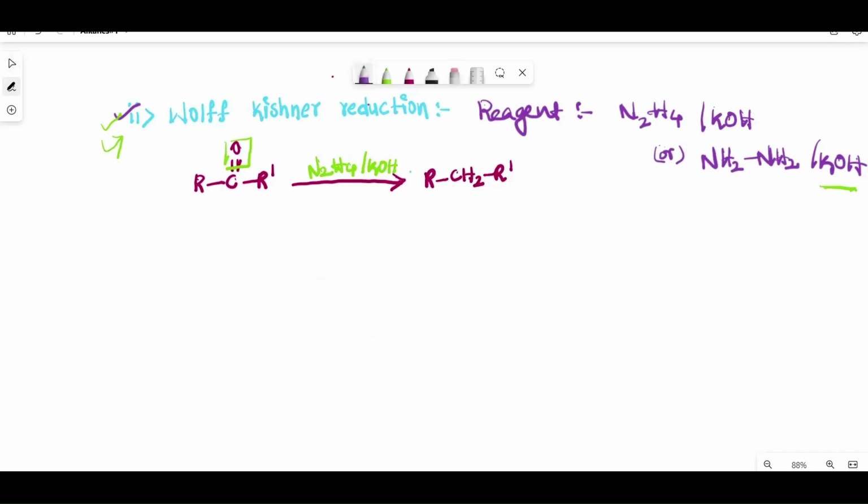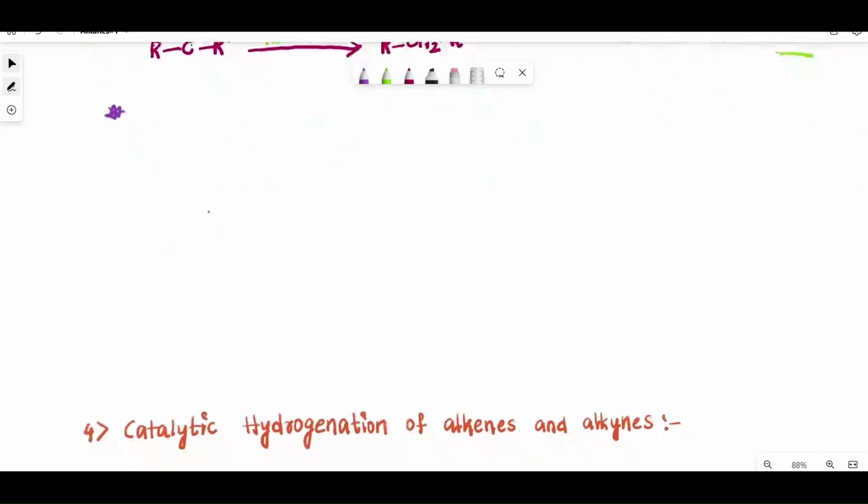Let's see one example in which the molecule contains an acid sensitive group. Let's take this example. C double bond O, CH3, and we have this OH. Which reagent is used?